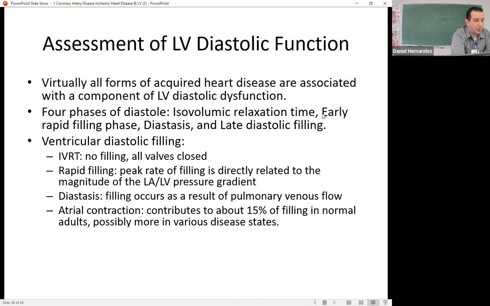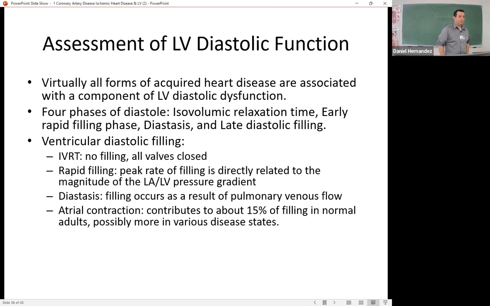Now it's a very large part of an echo exam that we do. Virtually all forms of acquired heart disease are associated with a component of diastolic dysfunction. If you remember back to the cardiac ischemic cascade, diastolic dysfunction will manifest itself before any sort of systolic dysfunction.